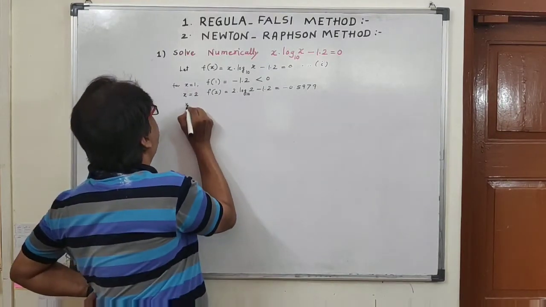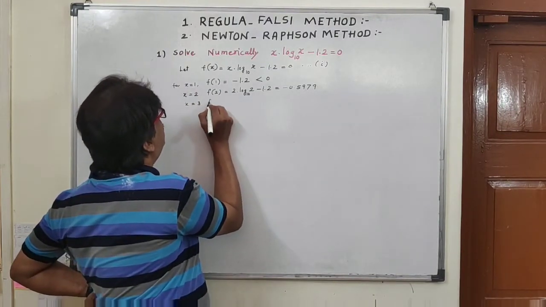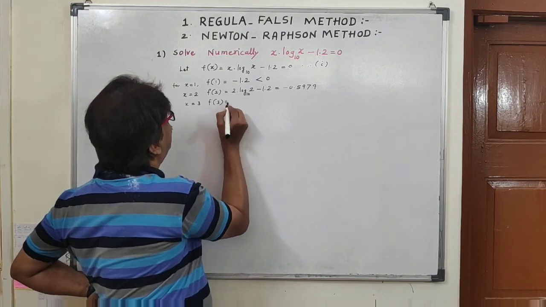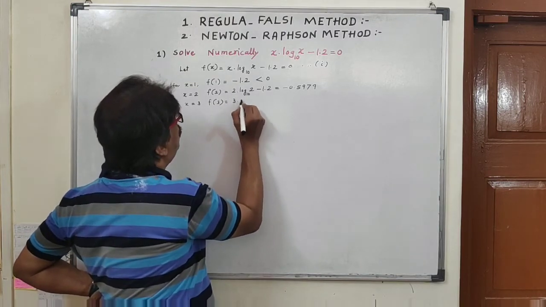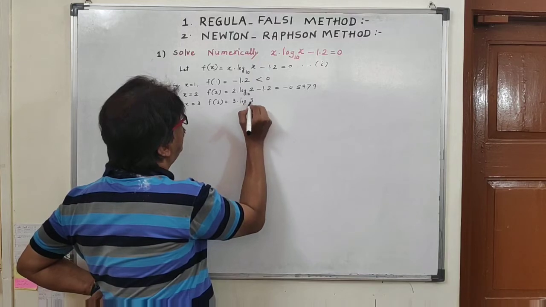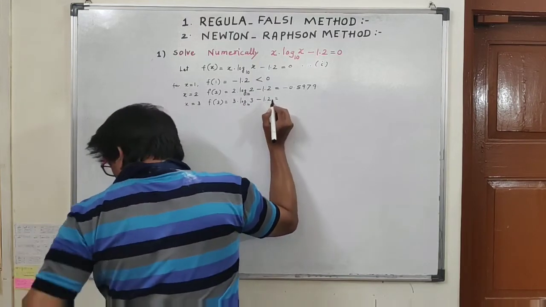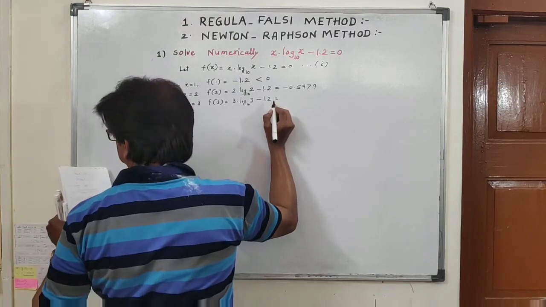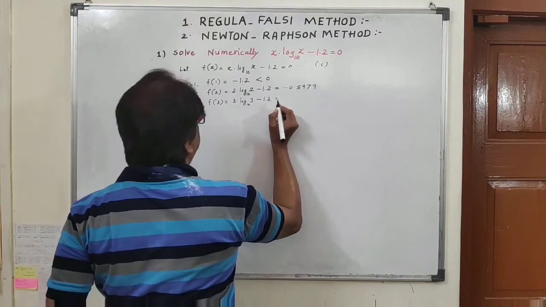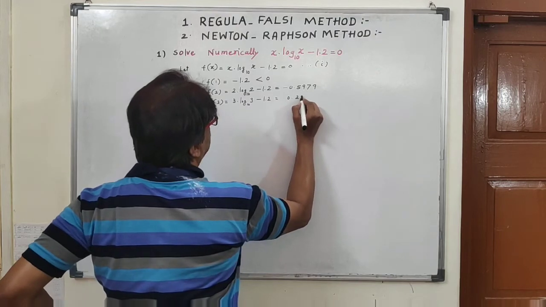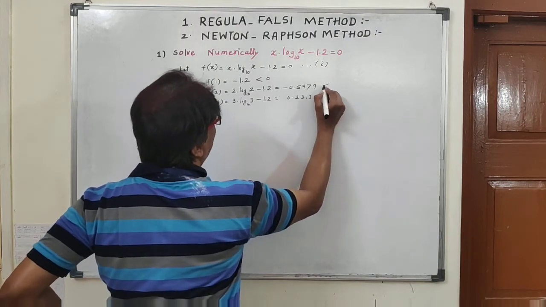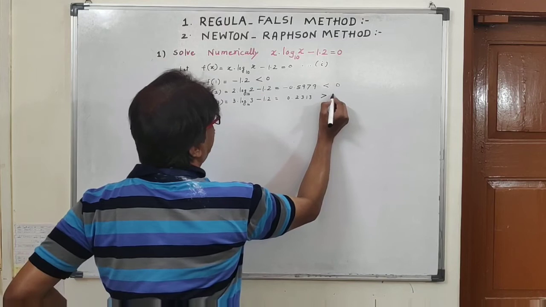Now for x equal to 3, what is f of 3? It would be equal to 3 into log 3 to the base 10 minus 1.2. So f of 3 is 0.2313. So this value is negative, this value is positive.